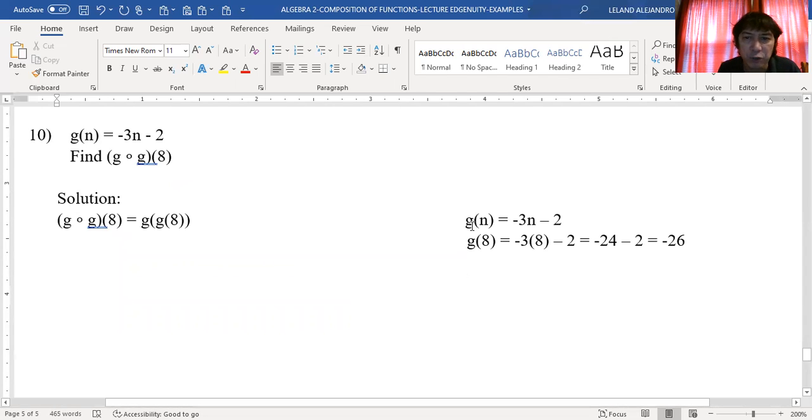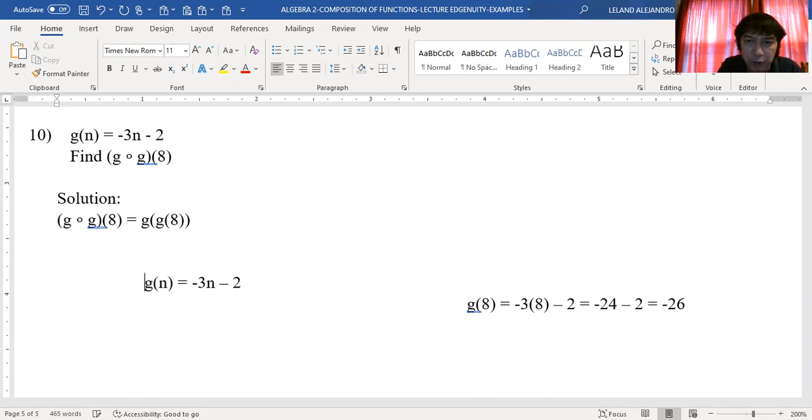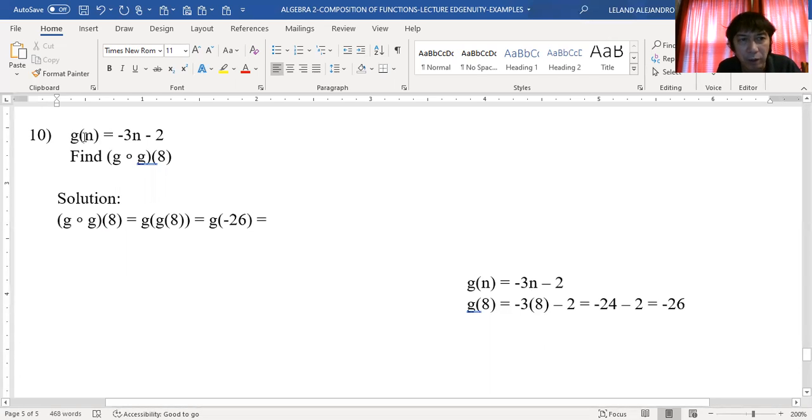Now we can continue with the next step here. This will now be G of negative 26. So this is actually now G of negative 26. You now go back to the original function, and where you see the n will be occupied now by negative 26.